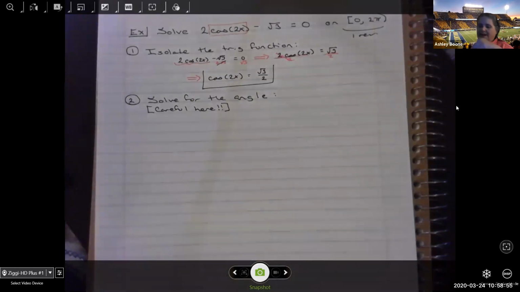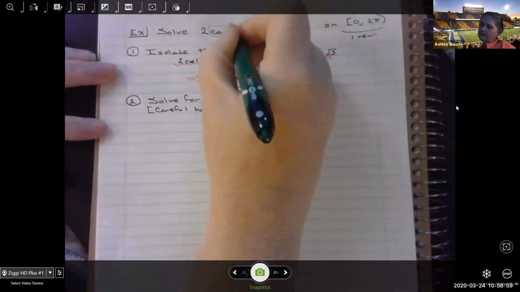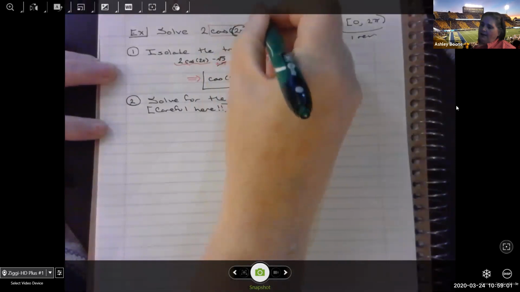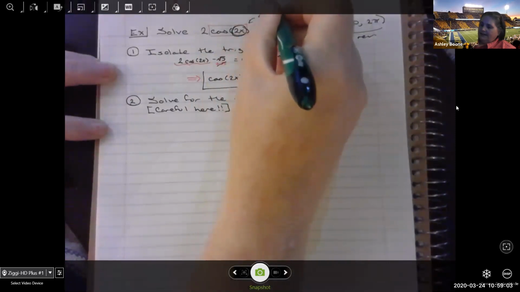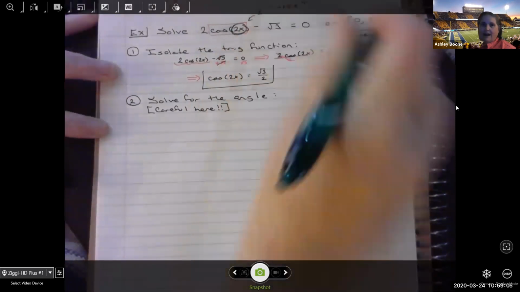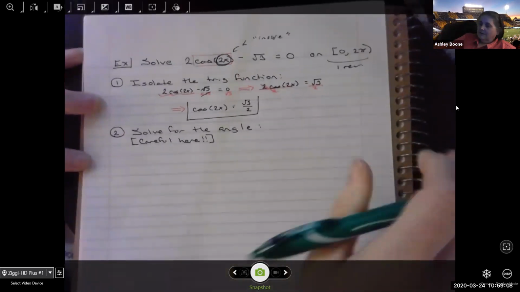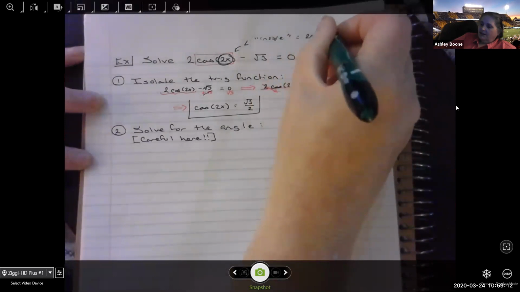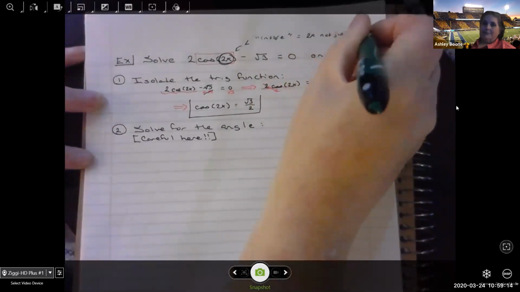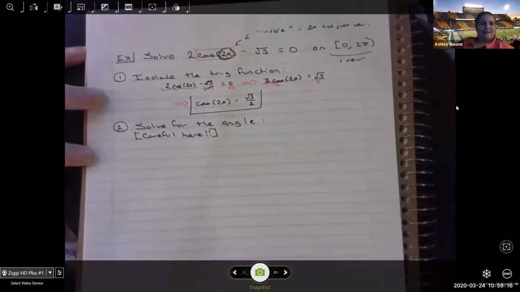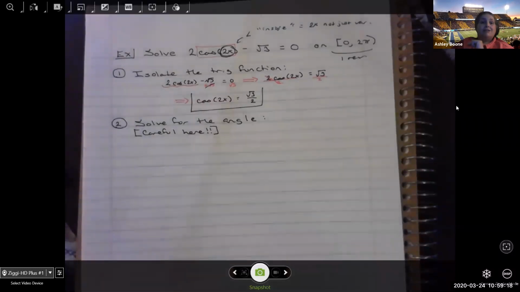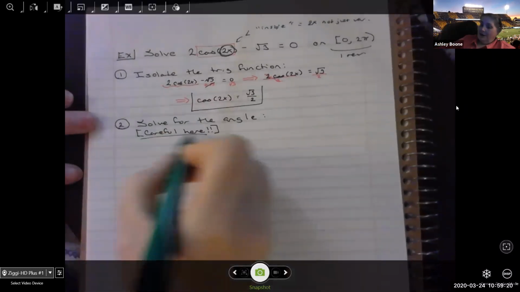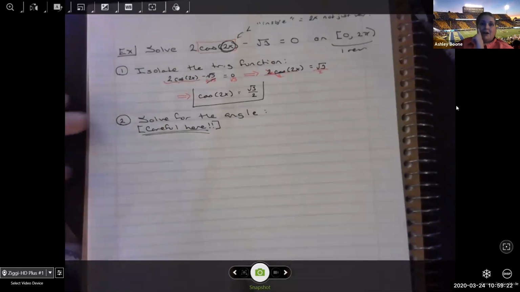Notice, look inside the trig function. Our angle, the part that's inside our trig function, is represented by a 2x, not just the variable as it had been in others. That's going to change things a little bit. Be careful, okay?